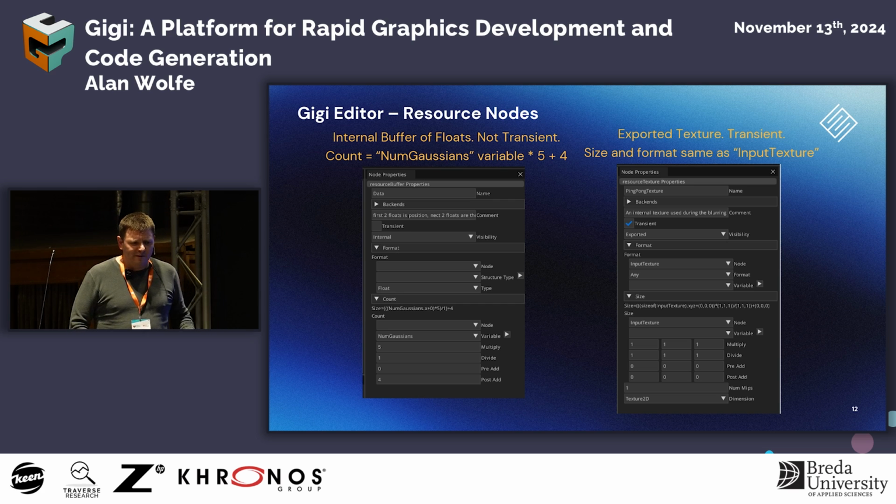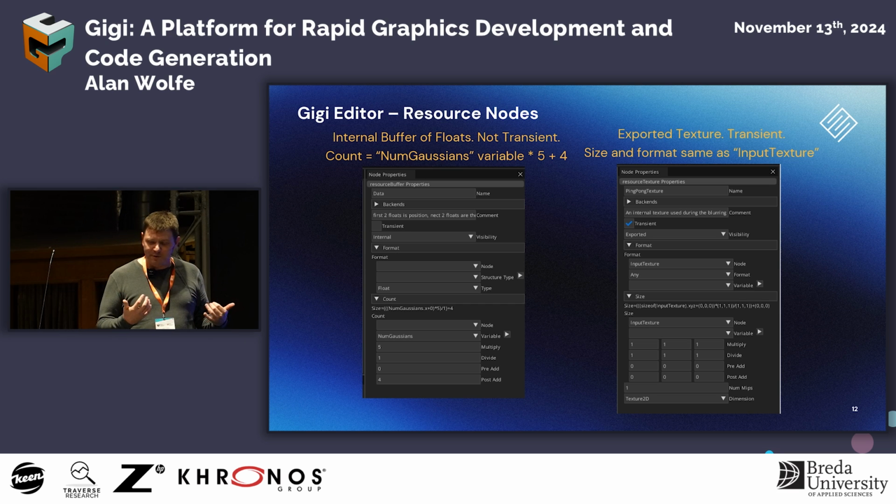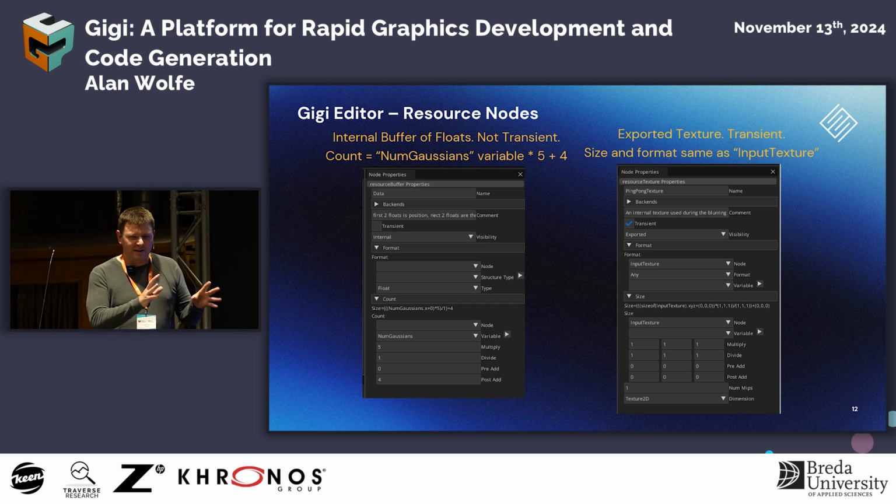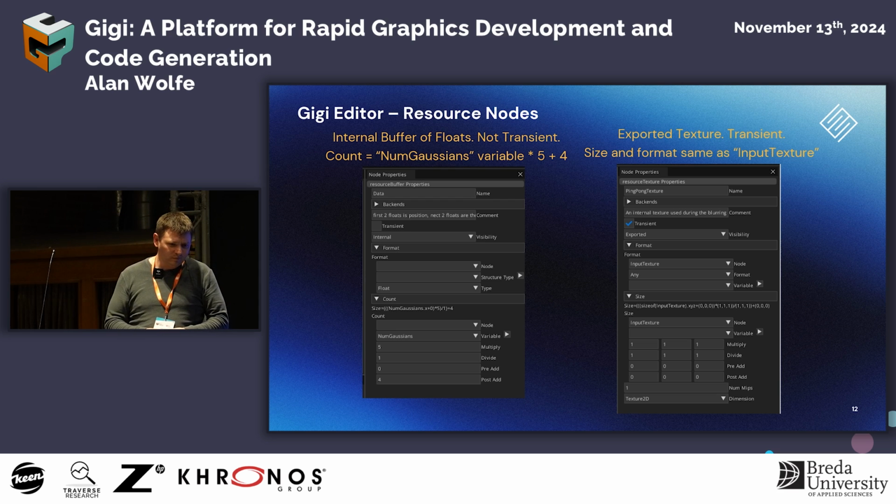And then similarly, for textures, we have the one on the right, and it's an exported texture, which means that it's managed by the generated code, and so the generated code will be the one creating it and destroying it and all that. But it's available to the code that's calling it. An example of why this might be useful is if you had an ambient occlusion technique, you actually need the ambient occlusion data to come out of this technique, and so you would do so as an exported texture.